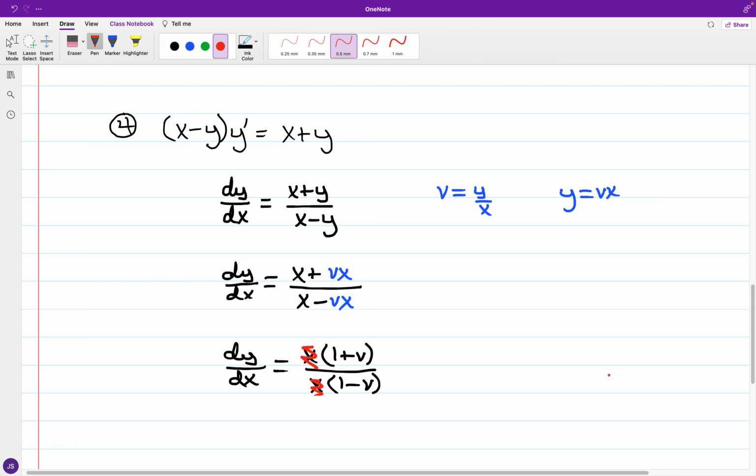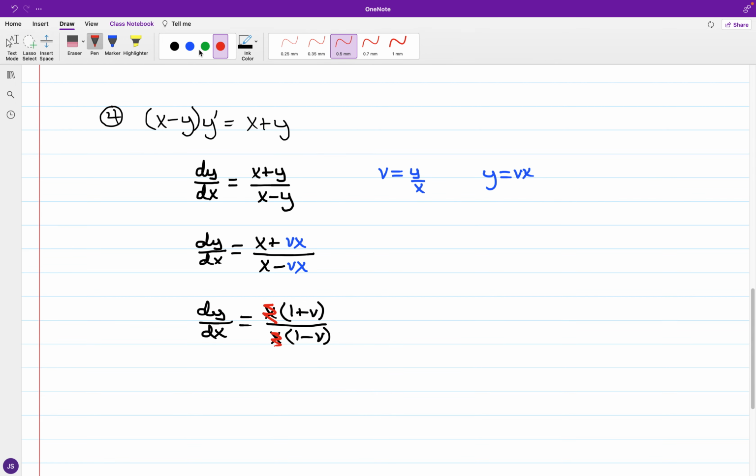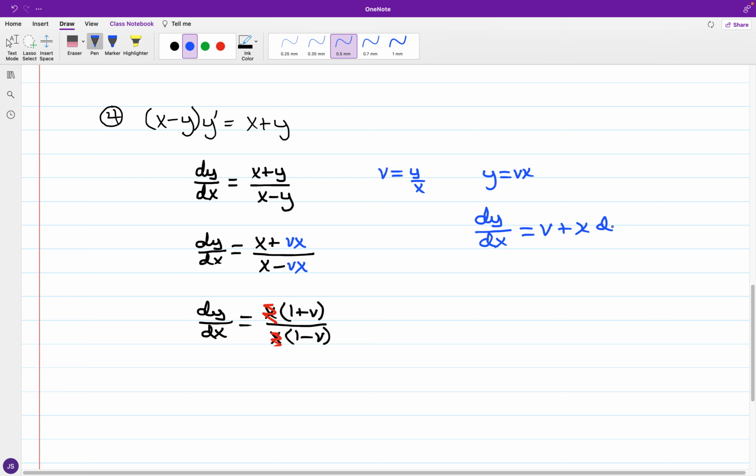And here we're going to have the x's go out. So dy over dx is equal to 1 plus v all over 1 minus v. And again, for y equal to vx, dy over dx is equal to v plus x dv over dx.